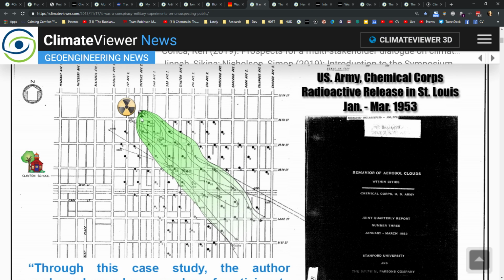And this is the United States Army Chemical Corps, behavior of aerosol clouds within cities. And the idea was to spray radioactive zinc cadmium sulfide all over America to see what would happen if we had nuclear warfare and how would the nuclear particles behave in our concrete jungles.